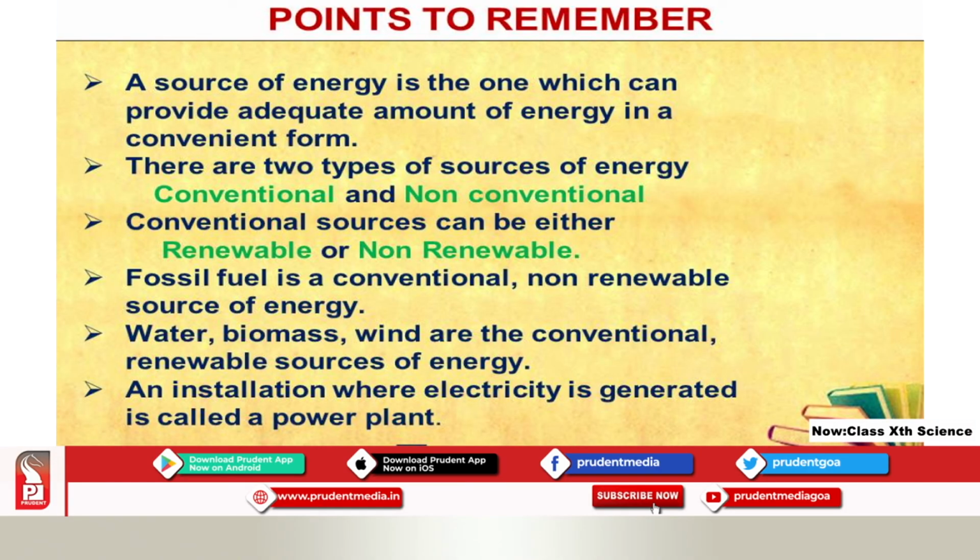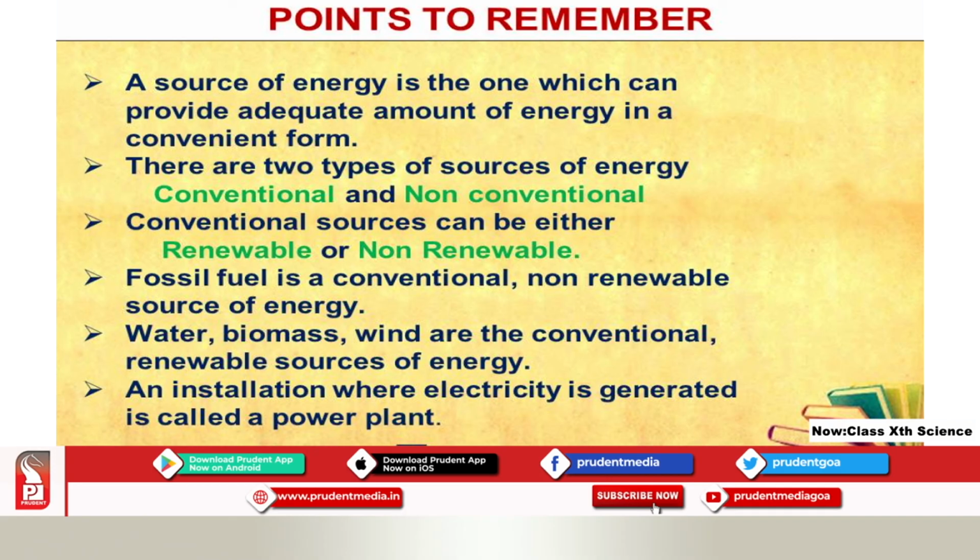So far what we have done is we spoke about the fossil fuels, then we spoke about the thermal power plant, and we spoke about the hydroelectric power plant. Now, in today's lesson, whatever we have learnt, let us remember the main points. The first point is, a source of energy is the one which can provide adequate amount of energy in a convenient form.